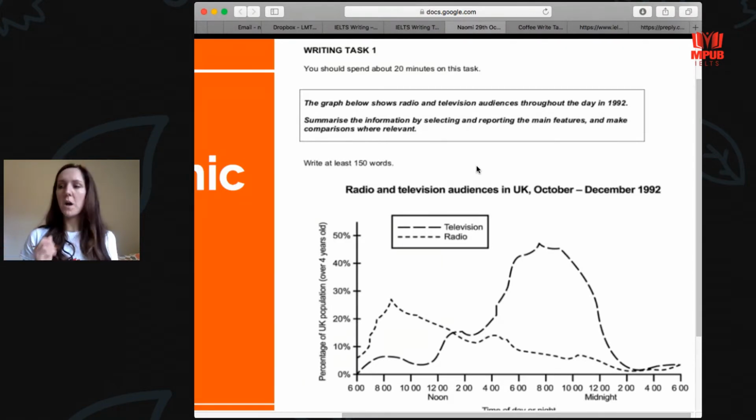So on my paper, I'm going to start writing synonyms. Where it says audiences, I'll write people watching or general public. This is not only good to help make sure that I'm understanding the text correctly, but these are good words that I can use later on in my writing.